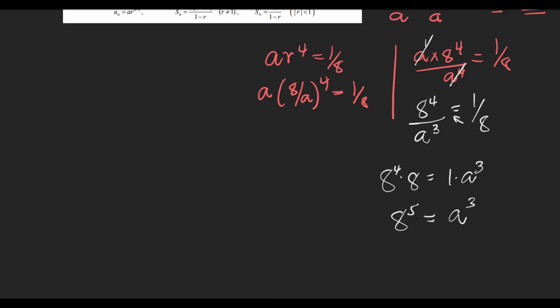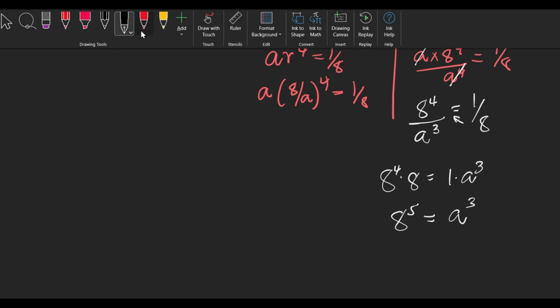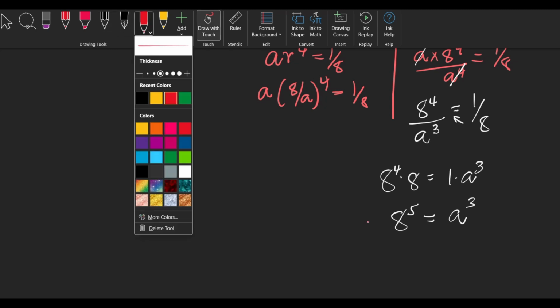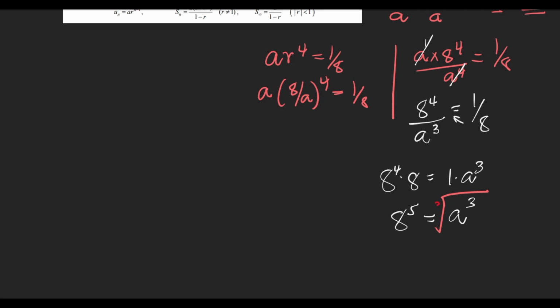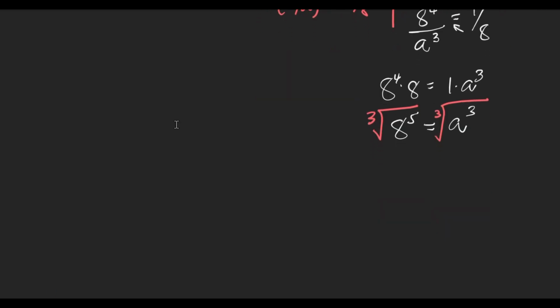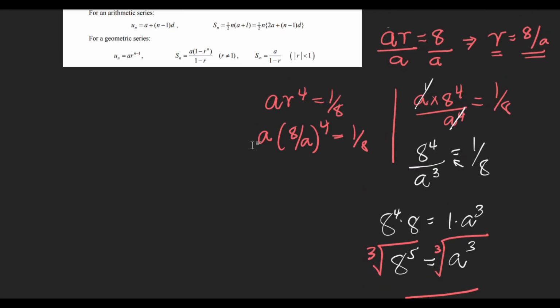If you want to get the value of A, you simply cube root both sides. So A is equal to the cube root of 8 to power 5, which is something you can easily get from the calculator.